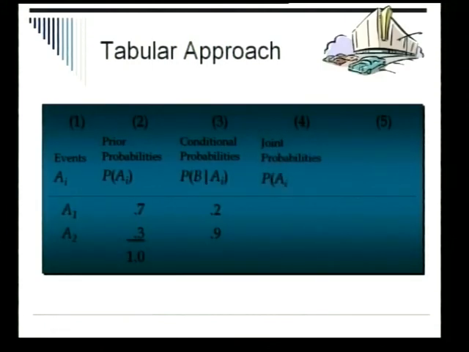After multiplication we get the joint probabilities. So 0.14 is equal to 0.7 multiplied by 0.2.